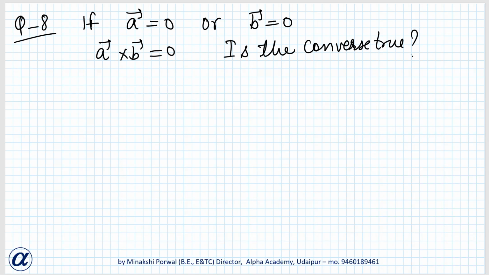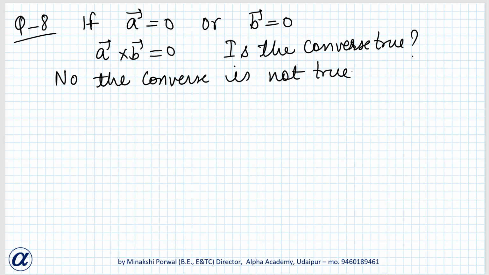Justify your answer. Okay, so no, the converse is not true. What is the meaning? If A is 0 or B is 0, then this will be 0. That means if A cross B is 0, is it necessary that A will be 0 and B will be 0?